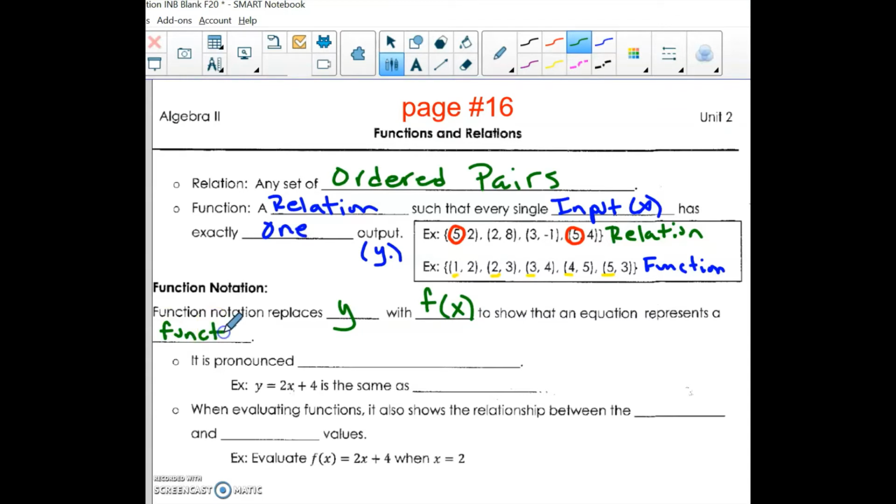Not just an equation, but now it's a function. In other words, its inputs are unique. It's pronounced f of x. So that green symbol here is pronounced f of x. I guess you could say that the parentheses is the word "of." So it's f of x.